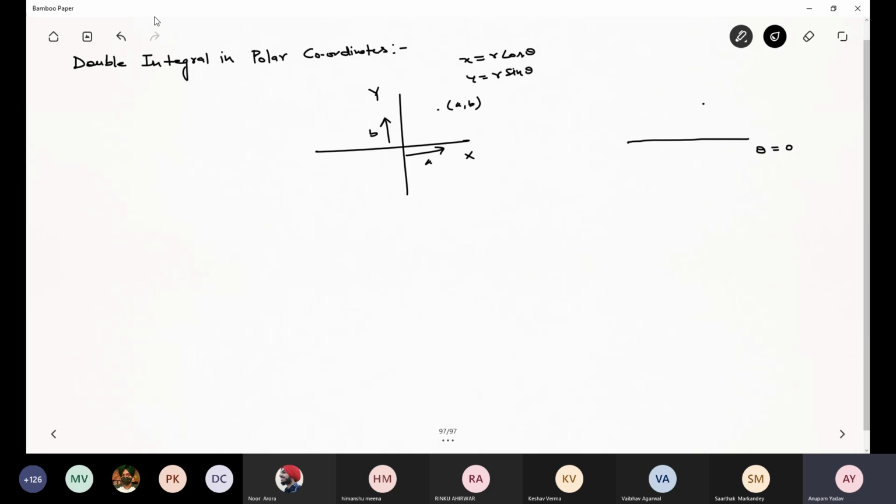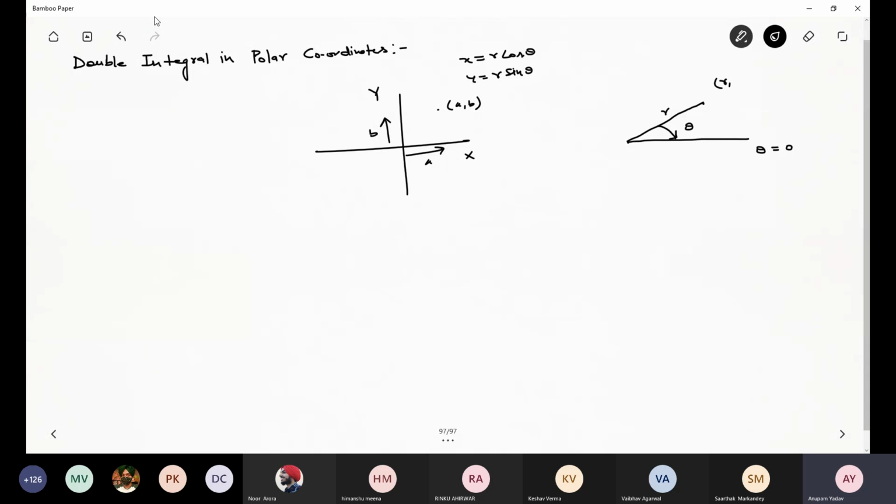Suppose this distance is r. The first component of our point representation would be r, and then we measure how much angle it makes from the initial line, the line theta equals 0.